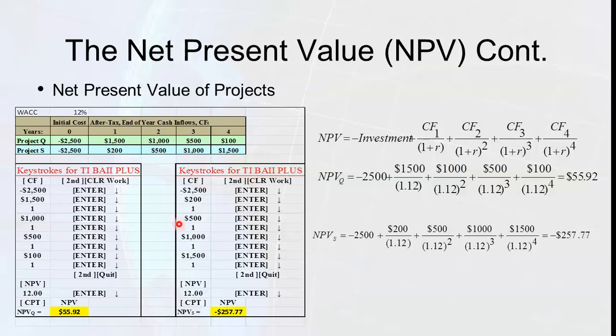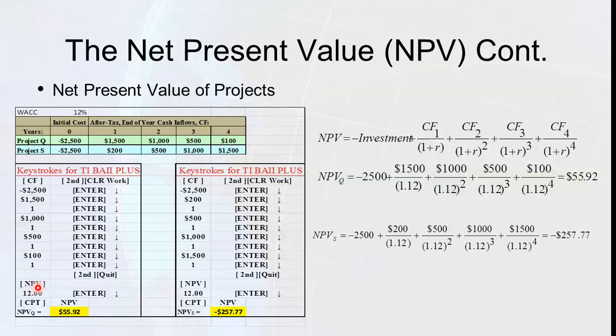Do the same thing for the next project. You're going to receive 257.77 million. This is a negative NPV project, so we don't accept it, but we definitely accept the other project because its NPV is greater than 0. The other way to do this is to leave the CF0 at 0.